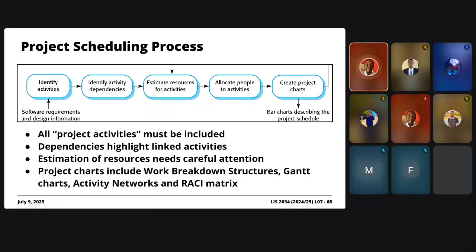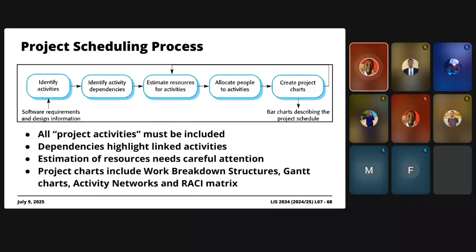Once you identify the activities, you identify any dependencies that may exist amongst the various tasks or activities. Once you do that, you come up with an estimate of the resources that will be required. Once you estimate the resources, you allocate roles or people to these activities.